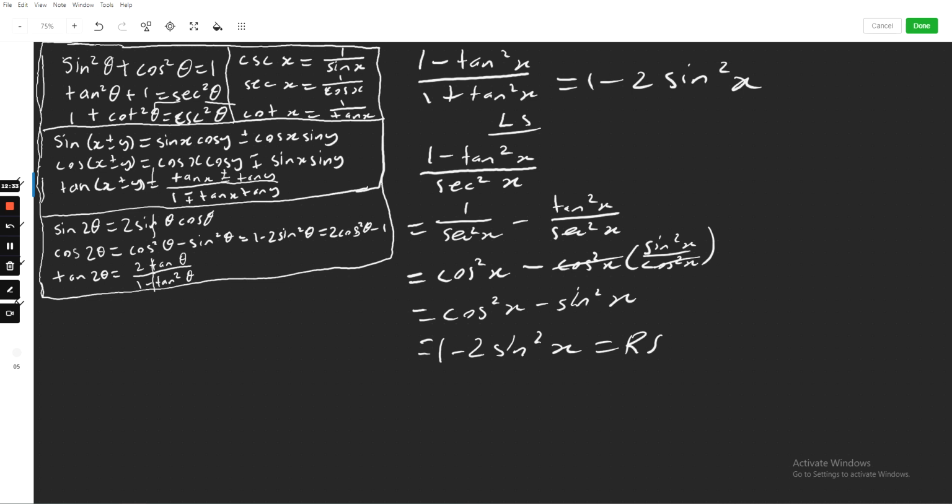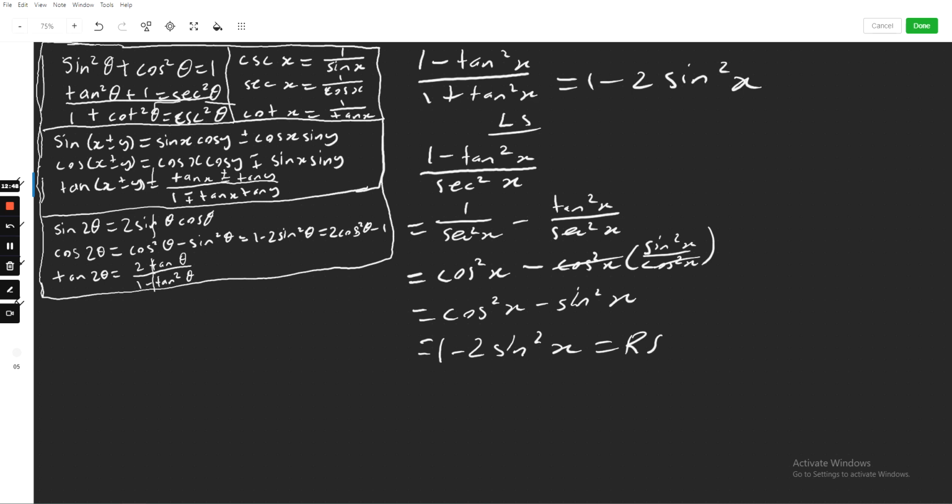So in this example, what we did, we used a Pythagorean identity, and then we also used a simple tangent equals sine over cosine.